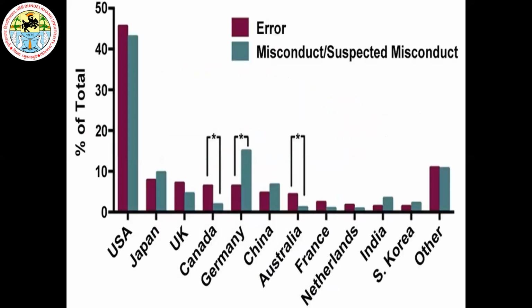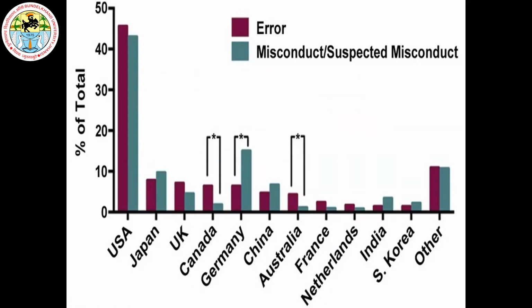Now I have a few more slides to show the country-wise scenario of error or misconduct or suspected misconduct. You see USA has a high figure, close to 50% or so for both categories, error or misconduct or suspected misconduct. Now in India, we have more for misconduct.